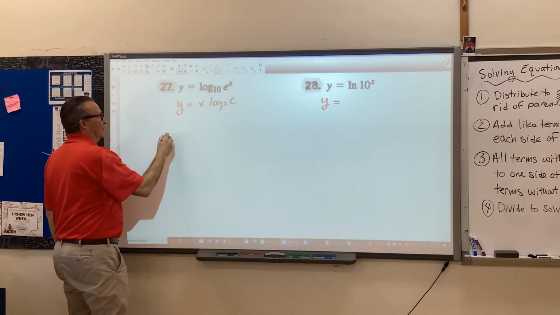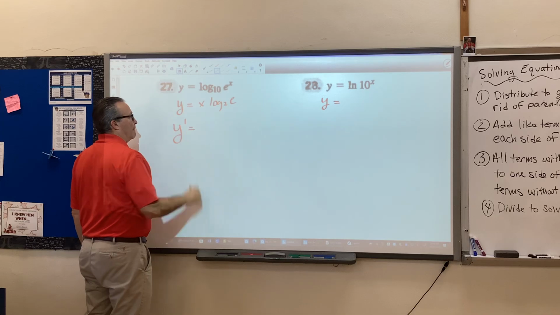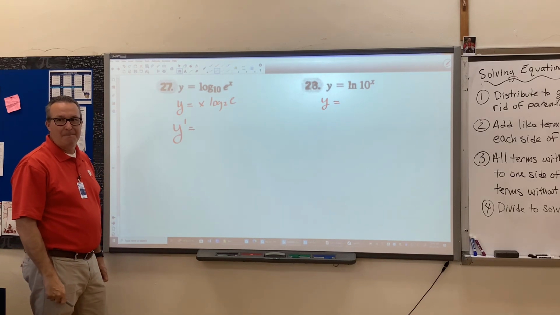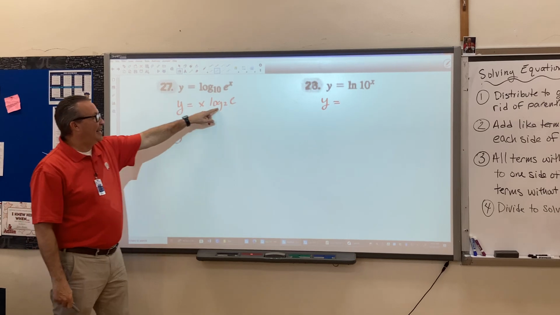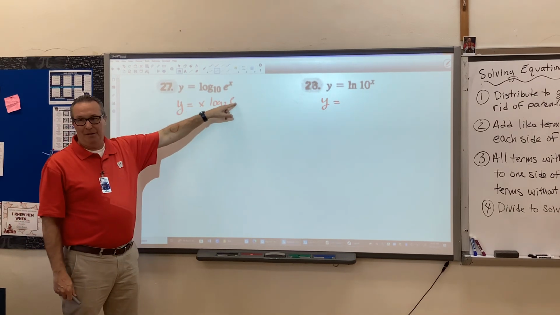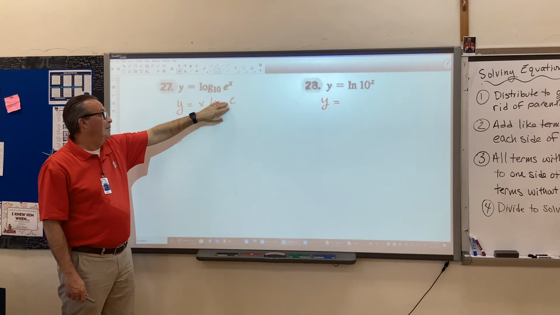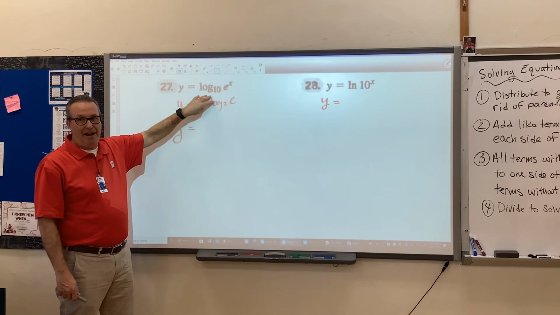So what's the derivative? It's first times the derivative of the second, so it's x. See the second? There's no variable. It's just some number. This is like taking the derivative of 5x.